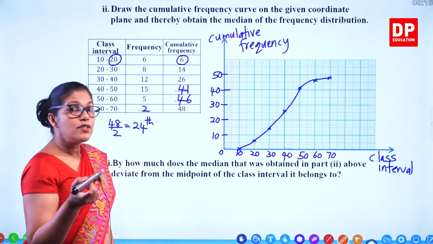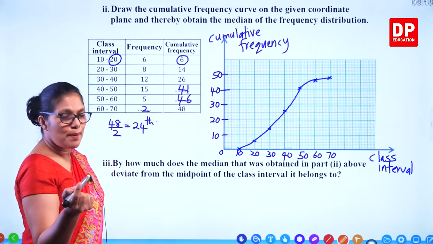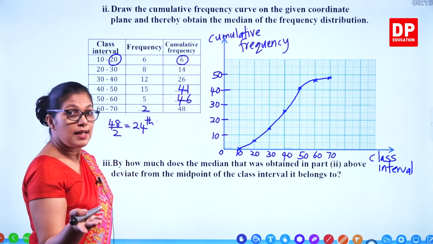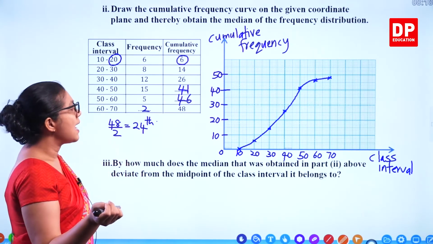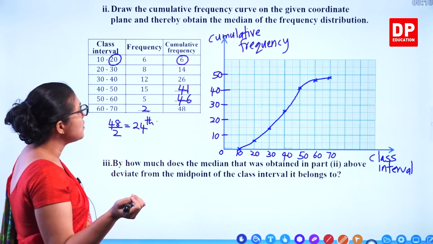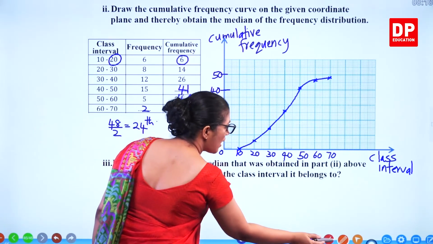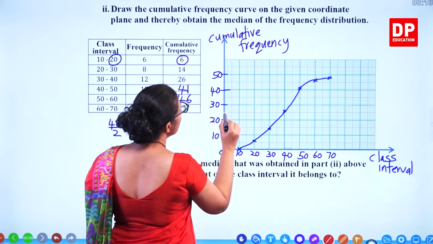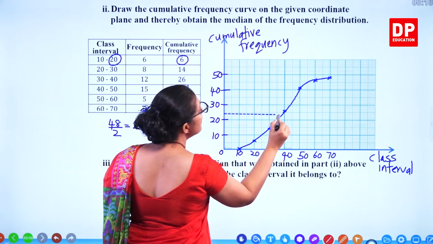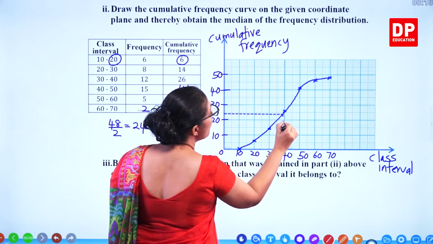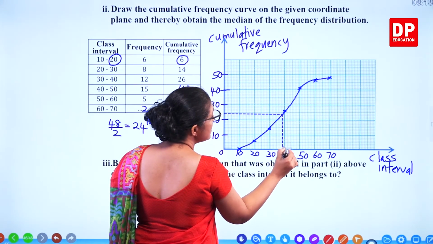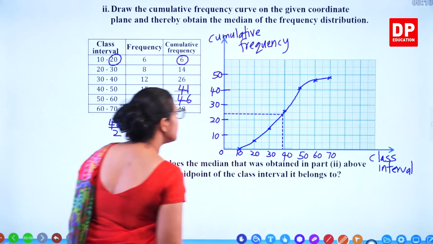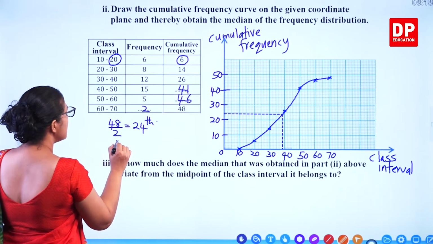In the cumulative frequency, you don't need to add 1 and use n plus 1 divided by 2, because anyway, by referring to a graph, you get an estimated value, not the exact value. So 48 divided by 2, 24. That means you can refer to the 24th value here. When it's 24, this is the value. 39 is the median value.